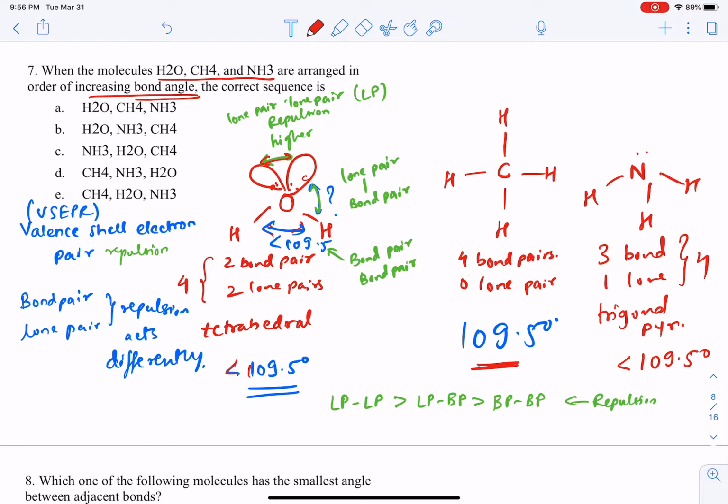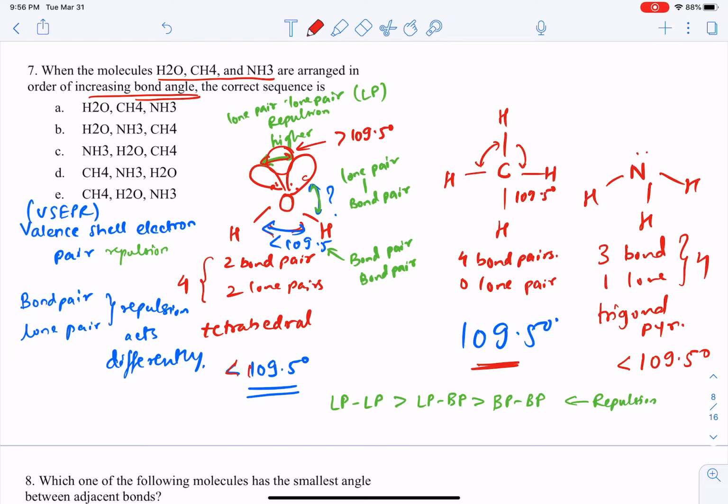And this is why you can use this method to understand how the biggest angle in this pair would be somewhere here, right, between these two bond pairs, and it would be definitely more than 109.5 degrees, whereas in CH4 all angles are 109.5 degrees.